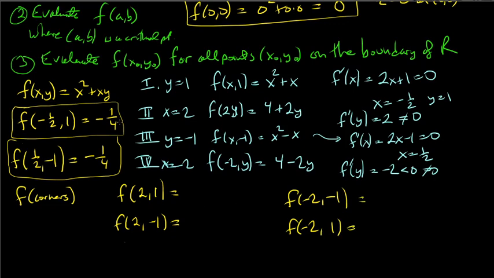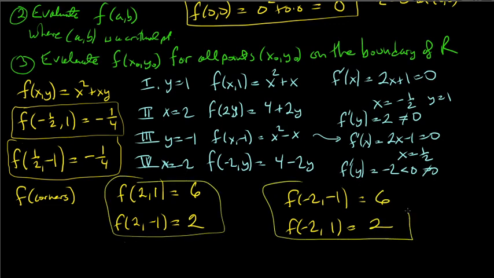Okay, so plug those in and you're going to get what? You're going to get 4 plus 2 is 6. Here you get 4 minus 2 is 2. Here we get 4, let's see, 4 plus 2, that's also 6. And then we get 4 minus 2 is 2.